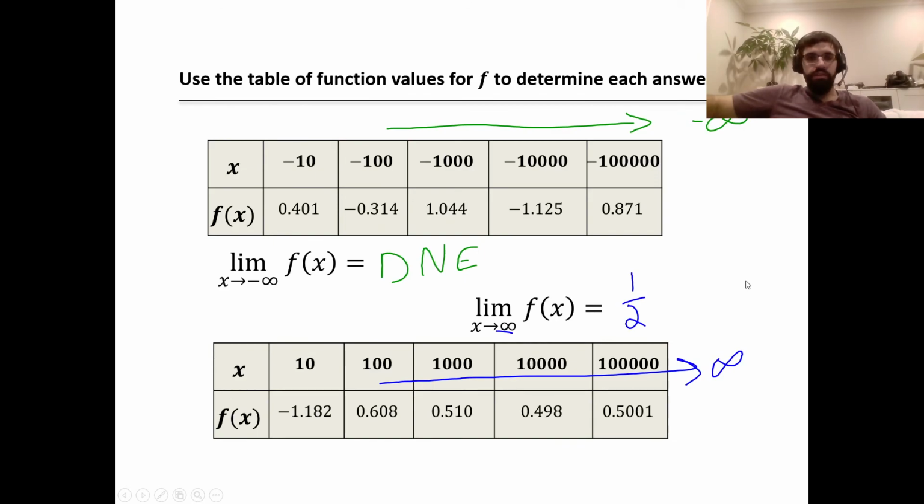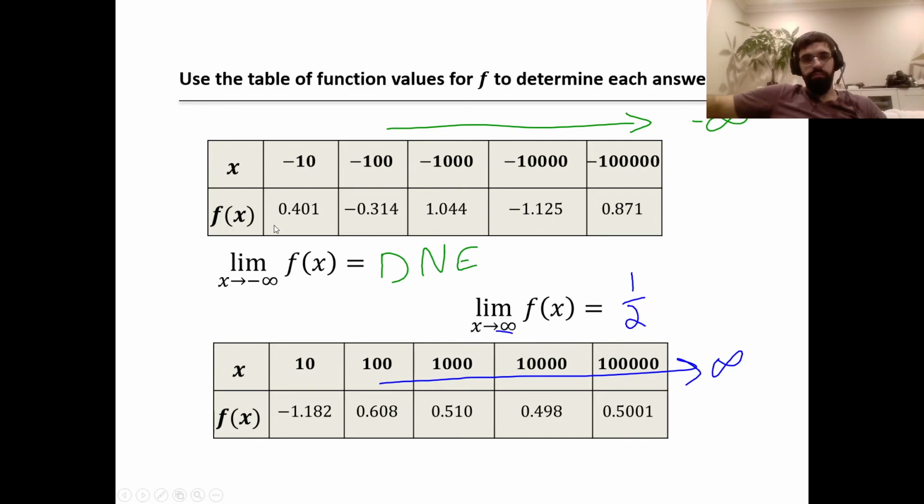Now, if the question says, how about the limit as x approaches negative infinity, or the limit as x approaches infinity? If we want to read a table to find the answer to these limits, what we're going to do is just throw in really big numbers. So for the limit as x approaches negative infinity, throw in a really big negative number, and then a bigger one and a bigger one and a bigger one, and we're trying to see if we can find a pattern.